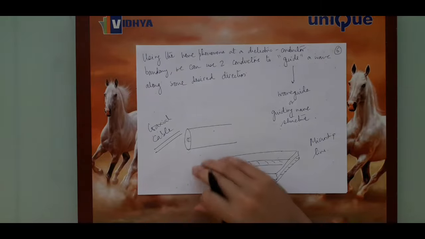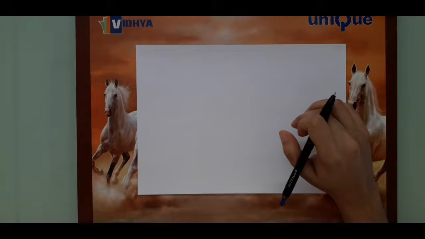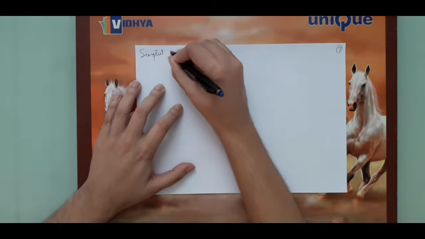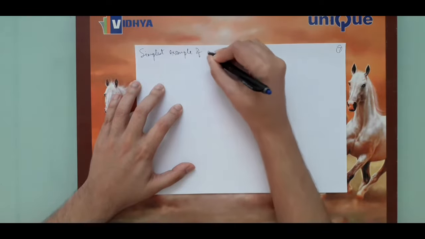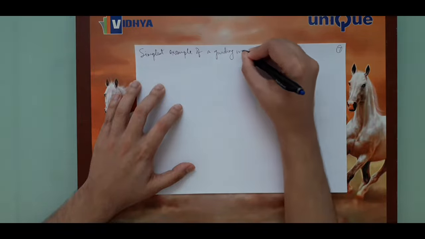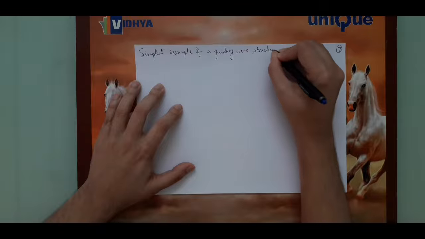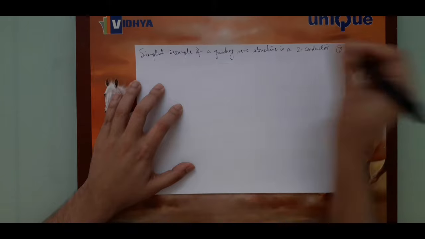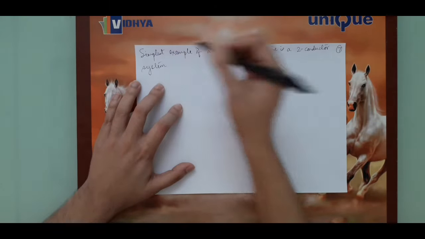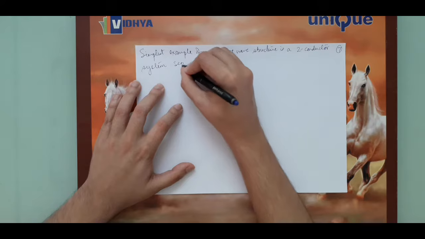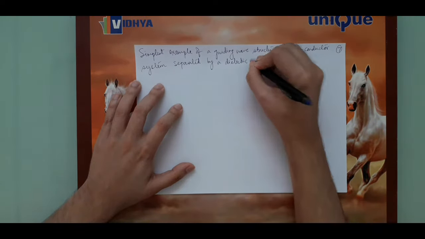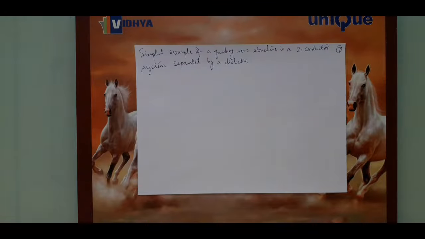So the simplest example of a waveguide is a two conductor system separated by a dielectric. That is the easiest example.